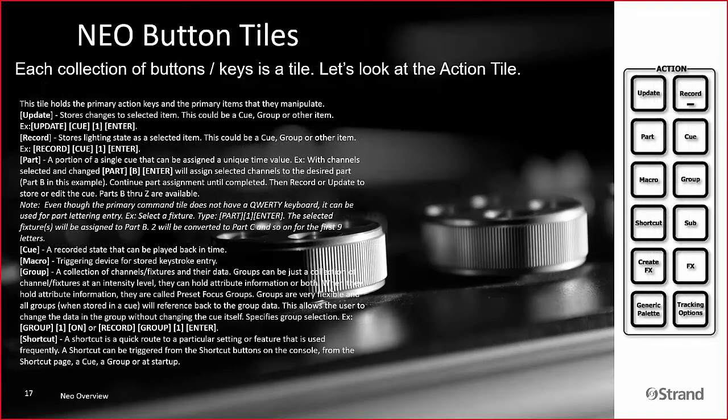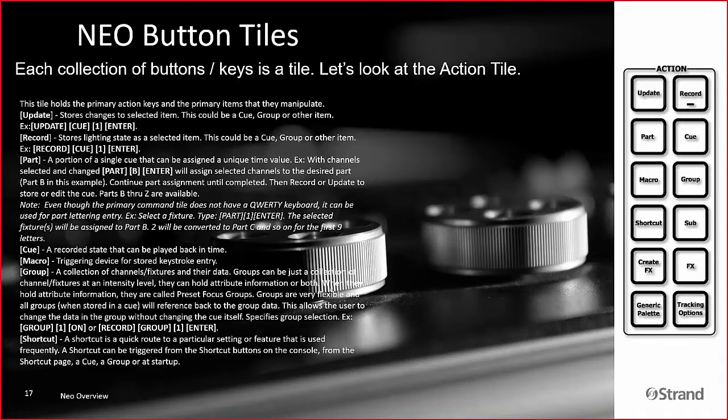Moving on to the right is the action tile. Neo is fairly simple in that there are truly only 2 actions that you can do. So everything happens with these 2 actions. You're either going to record, which will allow you to store new content, or you can update, which allows you to edit existing content.